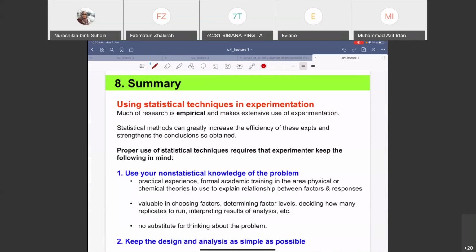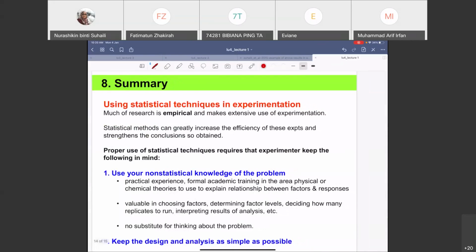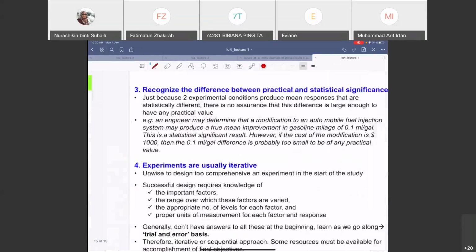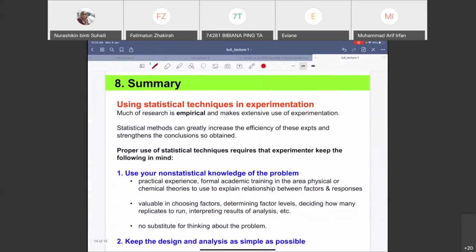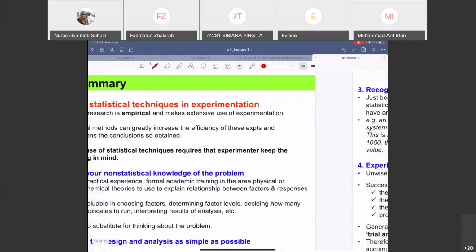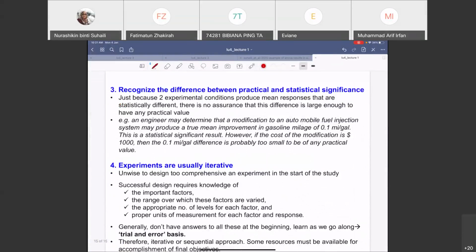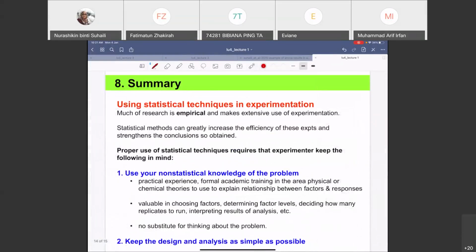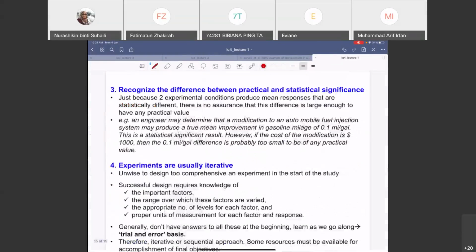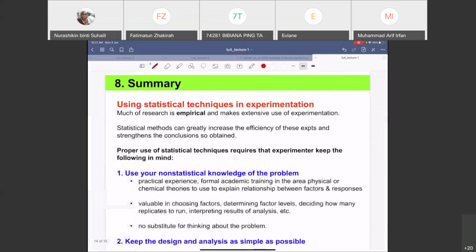That's why we teach you in year one, to give you exposure to statistical tests, so that you know what to do with your data once you get it. Okay, I think this is just the summary of what I have covered indirectly. You can read it by yourself.